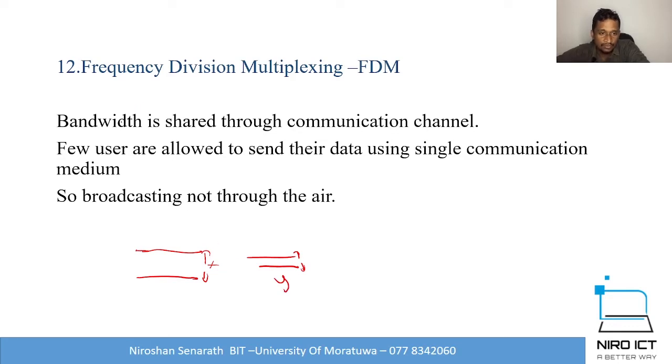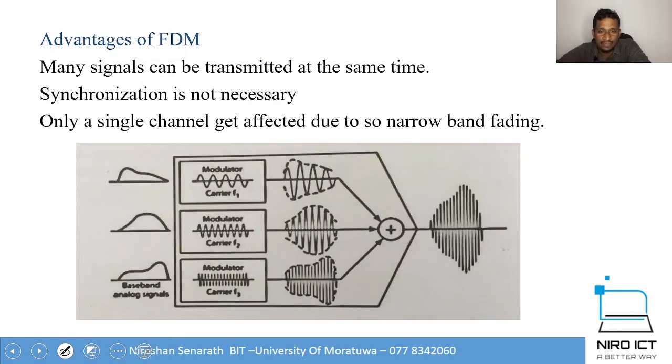So the bandwidth is shared through the communication channel. If you are using FDM, a few users are allowed to send their data using a single communication medium, not broadcasting through the air. Here they are using physical paths to transmit data. With frequency division multiplexing you can get some clear understanding. So many signals can be transmitted at the same time. These are the advantages of FDM.